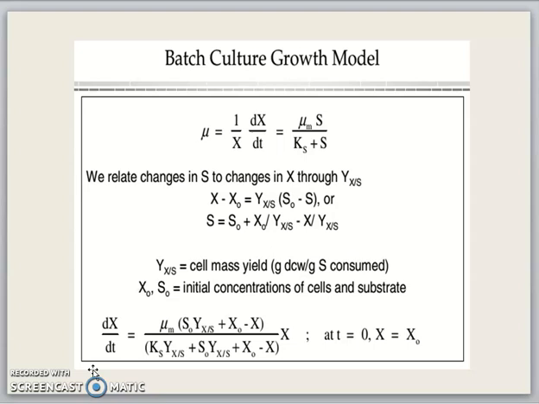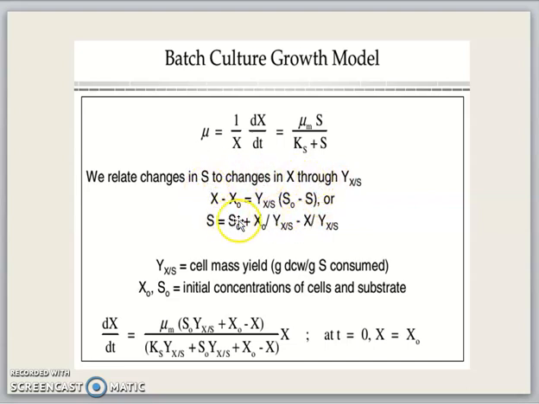Okay, so the equation for Yxs: x minus x naught equals Yxs times s naught minus s.